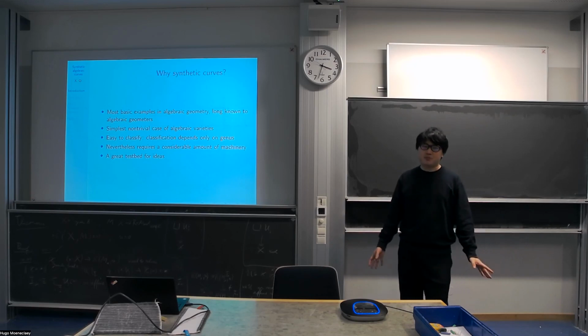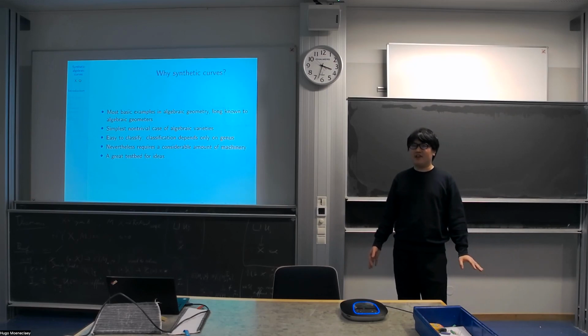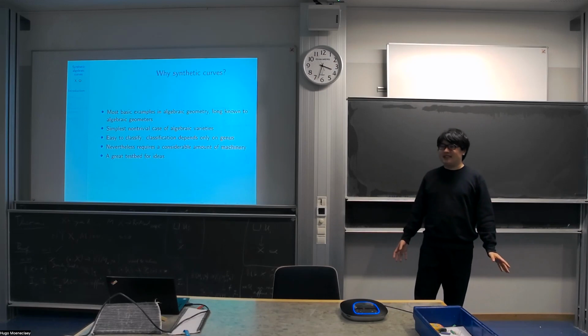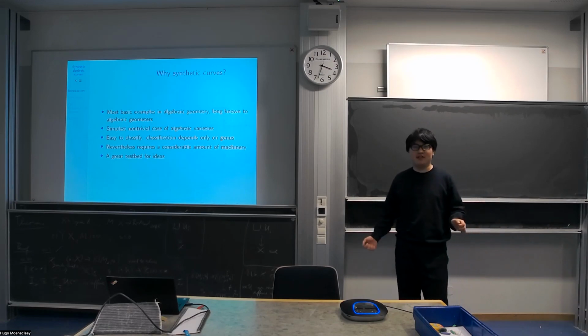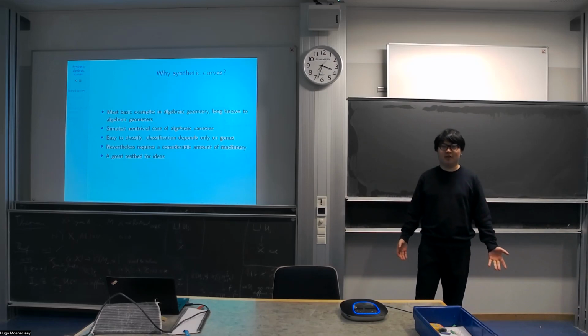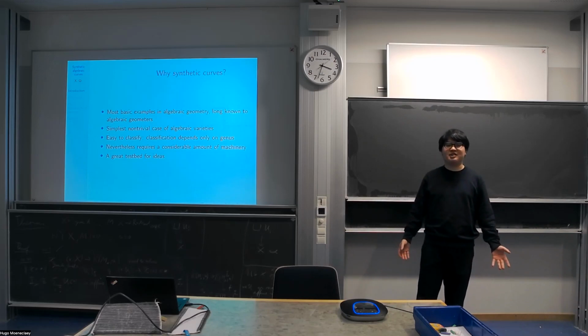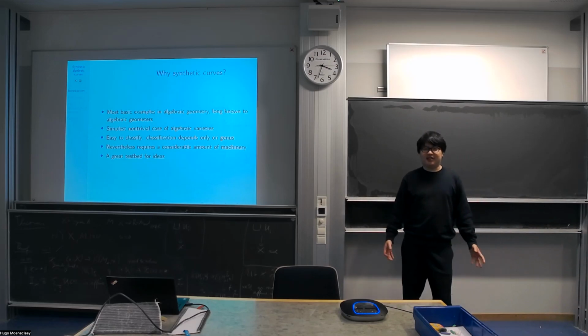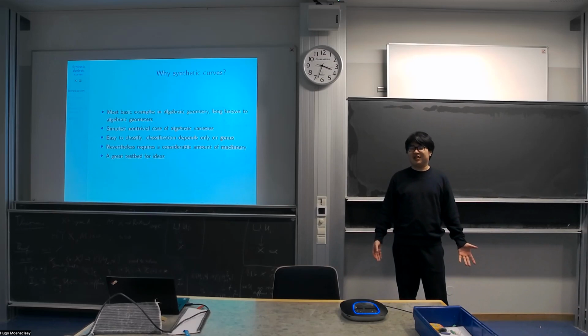So it is a relatively simple class of objects that we know well about, but it is nevertheless very non-trivial. So I think that's why they're so ubiquitous in algebraic geometry as, say, prime examples. So it's a good test bed for ideas.